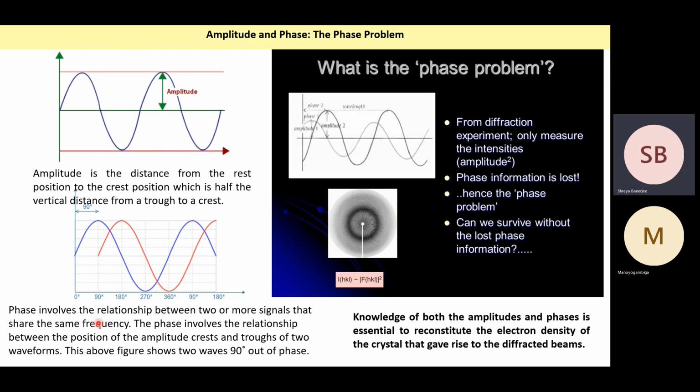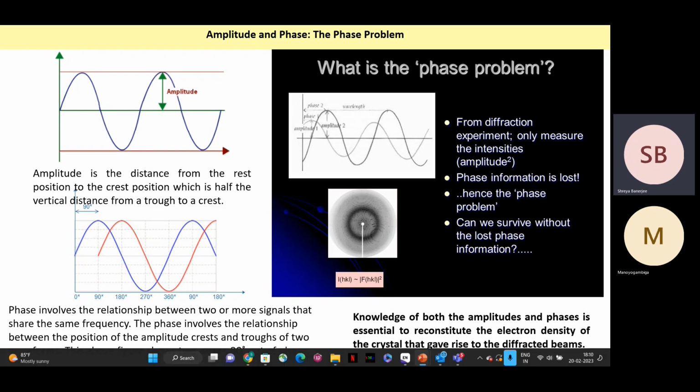And phase involves the relationship between 2 or more signals that share the same frequency, that is, the relationship between positions of the amplitude crests and troughs of 2 waveforms. Here you can see 2 signals, and the phase difference between these 2 signals is 90 degrees. So it is said that these 2 waves are 90 degrees out of phase.